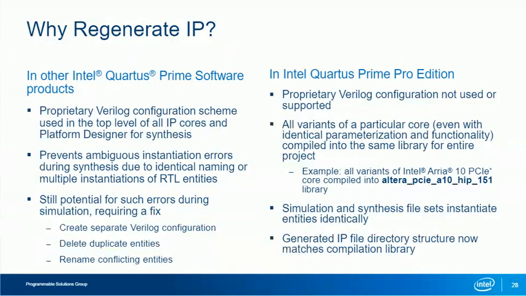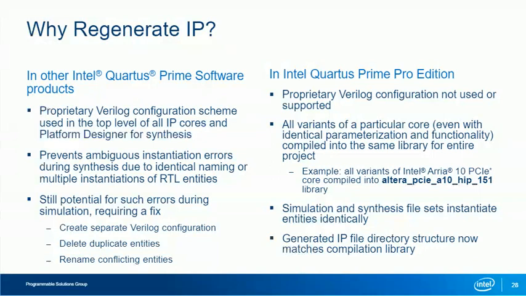In the Pro Edition, this proprietary configuration scheme is not used or supported for IP or Platform Designer systems. Instead, all variants of a particular IP core, even if those variants are configured identically, are compiled into the same library location for the entire project. For example, every instance of the Intel Arria 10 PCIe IP core is compiled into a library named Altera_PCIe_A10_HIP_151.